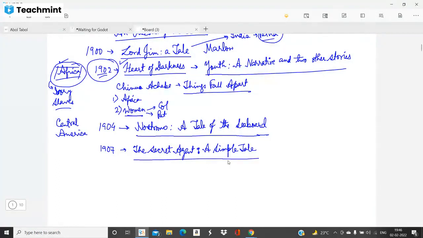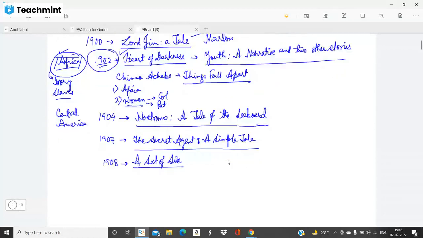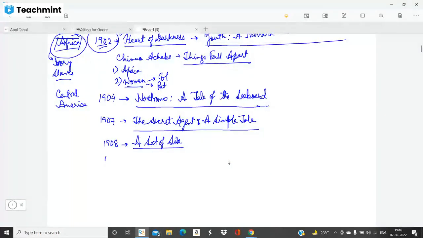And a set of six came in 1908. This is not very important. Now, in 1914, the year that World War One started, Conrad wrote a collection of short stories which was very important, Twixt Land and Sea.